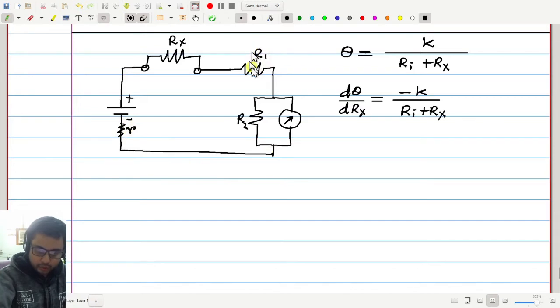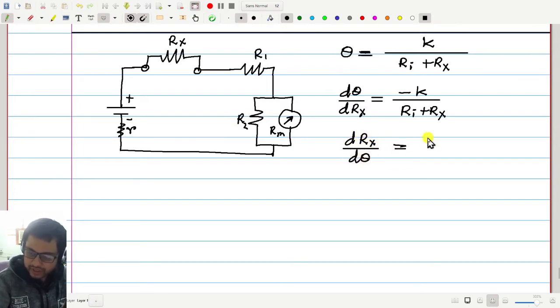That includes R1, R2, little r, Rm, the meter resistance, everything. Now I can write dRx by d theta, that will be Rx plus Ri by this constant.